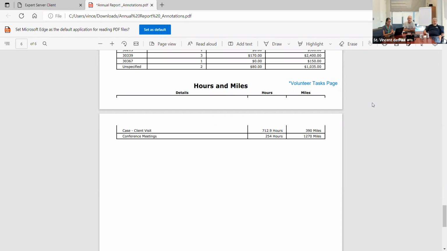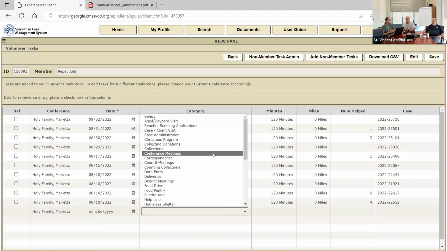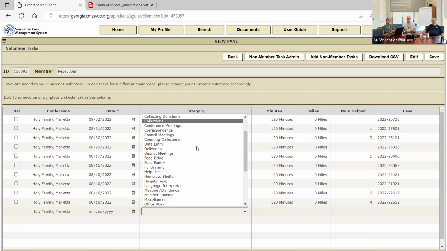Your intake is a good example. There is a category of data entry. A question I used to always get is, obviously the president or the vice president does a lot of administrative work on behalf of the conference. I don't think there is a category saying president task, but it's probably under administration. There's case administration right there, but isn't there also general administration?